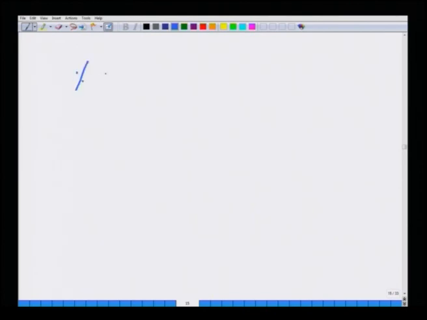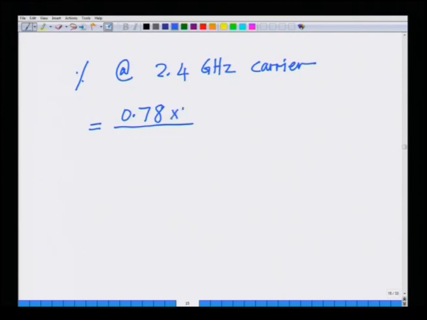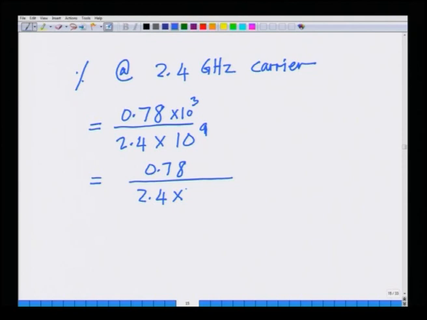So, the percentage at 2.4 gigahertz carrier equals 0.78 kilohertz divided by 2.4 gigahertz, which is essentially 2.4 into 10 to the power of 9, that is essentially 0.78 divided by 2.4 into 10 power 6.